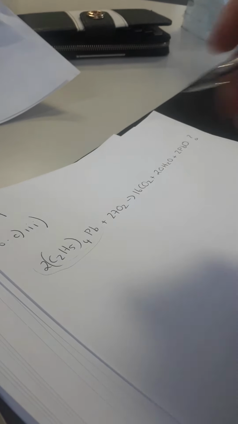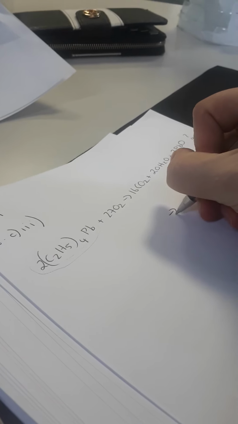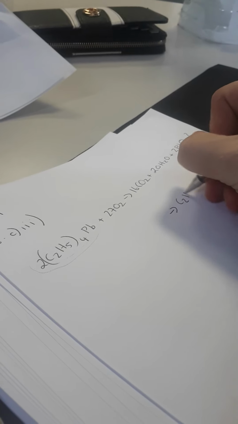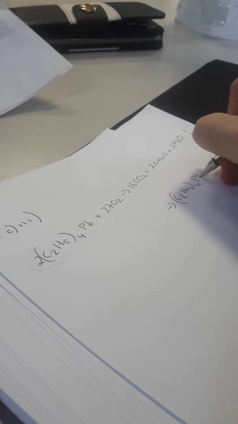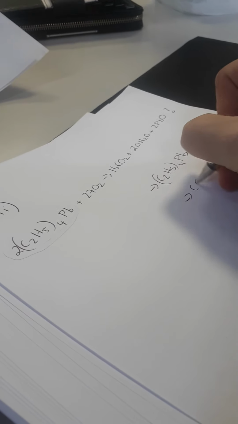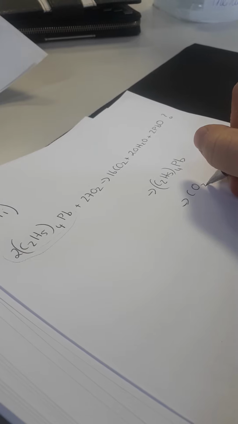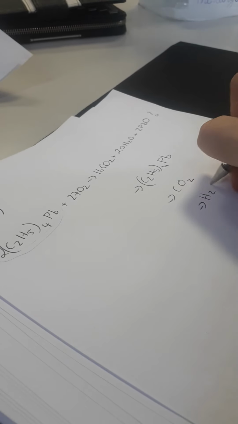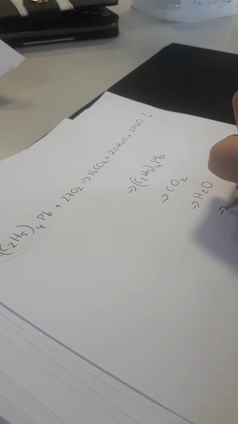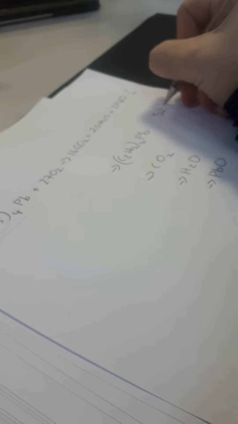I'm told in the question that the heats of formation for tetraethyl lead, so that's (C2H5)4Pb, carbon dioxide, CO2, water, H2O, and lead oxide, PbO, are 52.7, minus 393.5, minus 285.8, and minus 219.0.